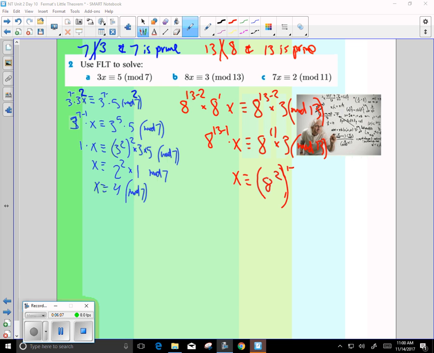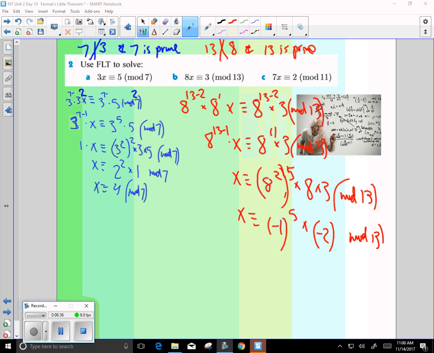This is going to be 5 times 8 times 3 mod 13. 64 compared to 65, then this is going to be congruent to negative 1 to the 5th. 24 is going to be what compared to 13? Negative 2 mod 13. So this is going to be congruent to negative 1 times negative 2 mod 13, which I get as 2 mod 13.